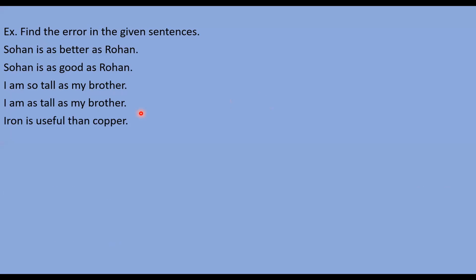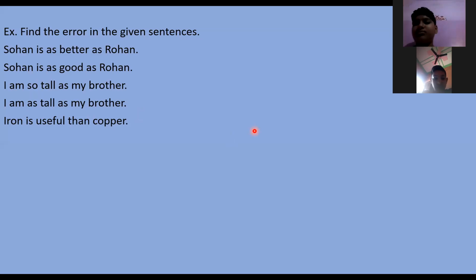Come on, the next sentence. Iron is useful than copper. What is the mistake in this sentence? Please tell me. Raise your hand. Try to give the answer. Okay, Nikunj. Nikunj, start the video, please. Very good. Now unmute yourself.